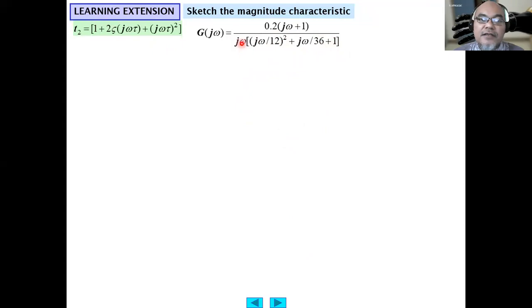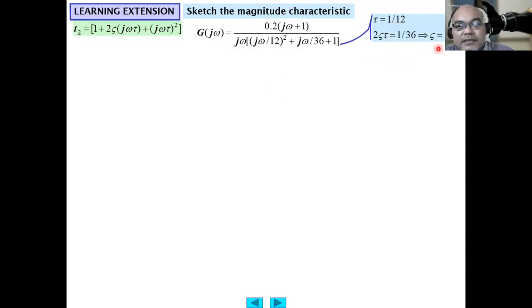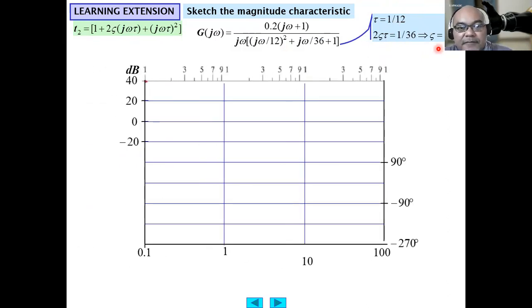This is already in standard form. So the second-order term here is 1 plus 2 zeta j omega tau plus j omega tau squared. So tau is 1 over 12. 2 zeta tau equals 1 over 36. So then zeta equals 1 over 36 divided by 2 divided by tau, so equals 1 over 6.